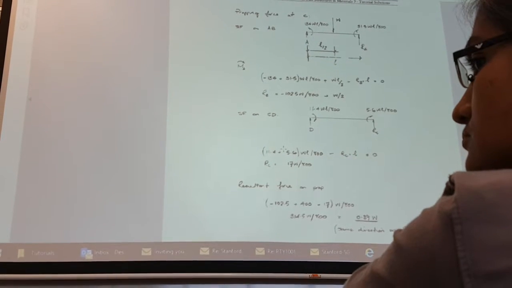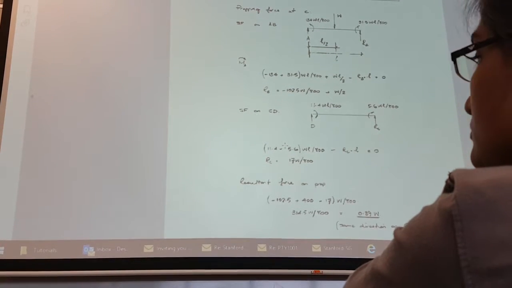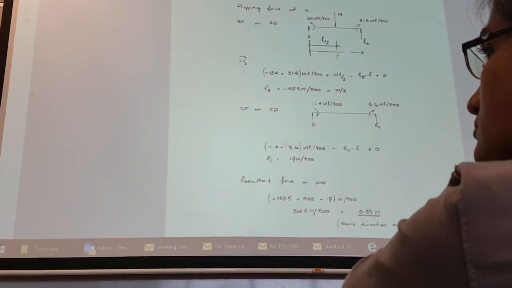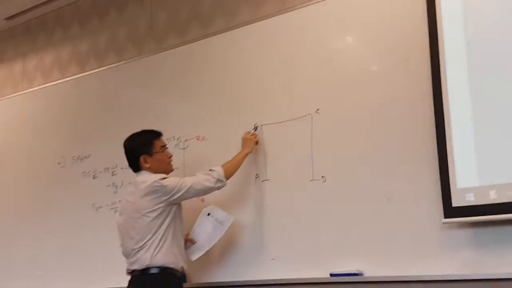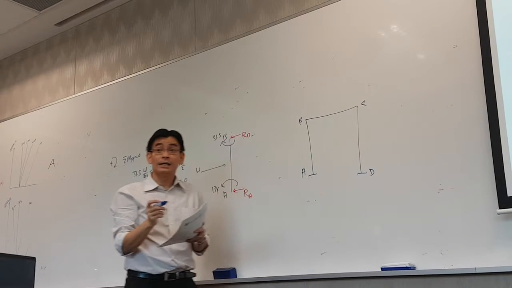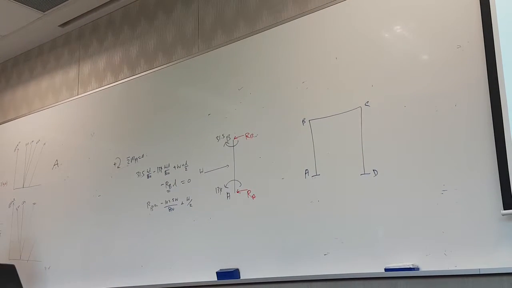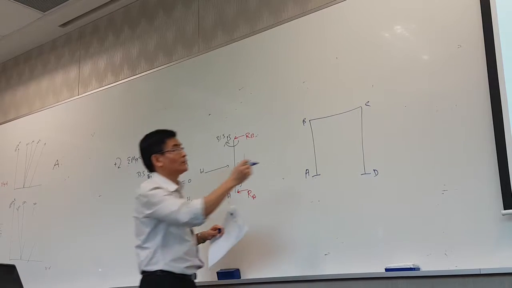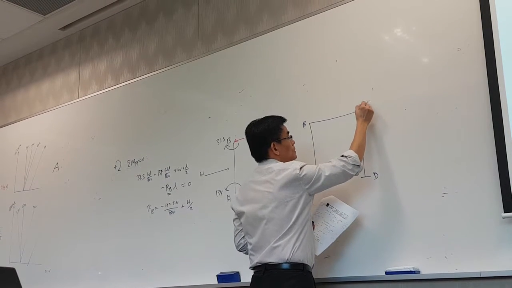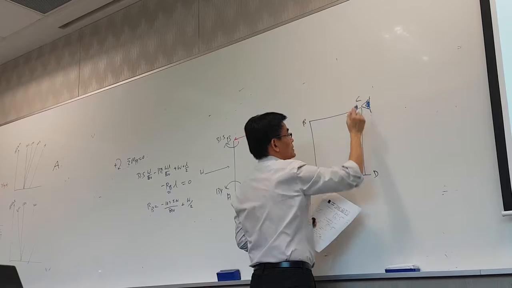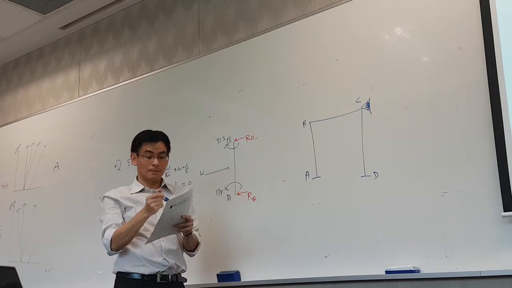The structure is A, B, C, and D, correct? So you need to find out the reaction force at B and the reaction force at C. Then you will be able to sum the two forces together, because this is the propping force at C.